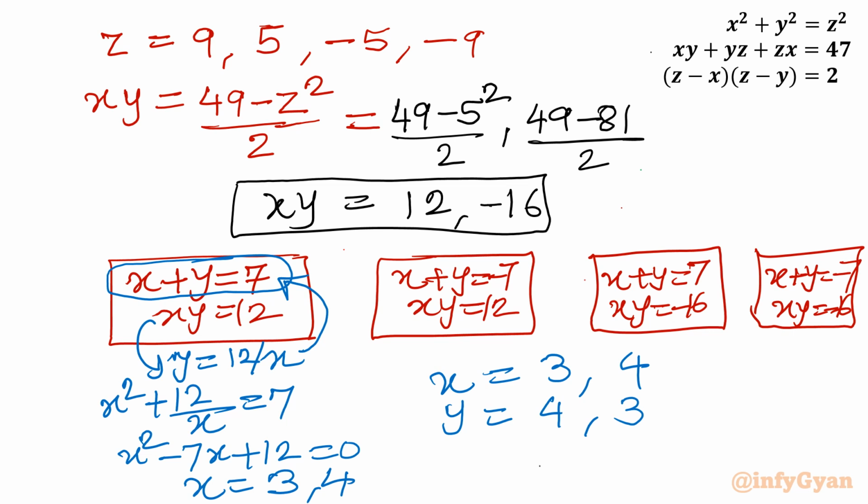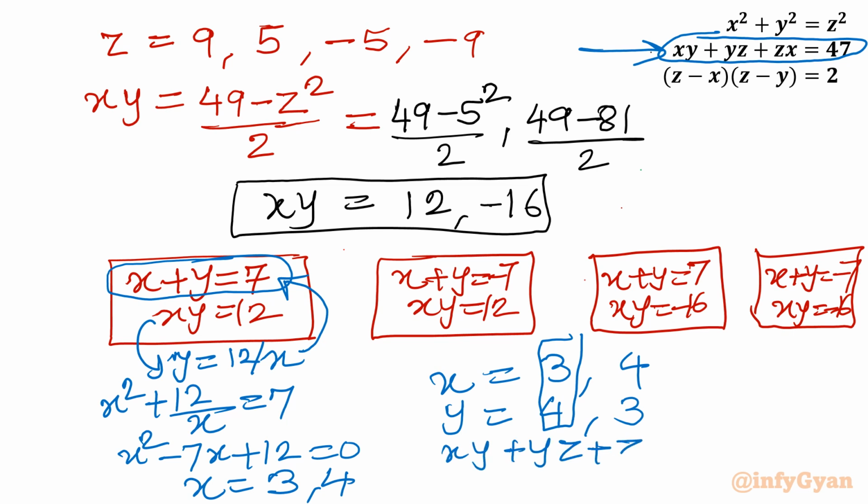Only concern is z value. So z value will be plus 5. You can check by putting this value of x and y in equation number 2 here. Once I put xy, let me consider this set 3 and 4. So xy plus yz plus zx equal to 47.